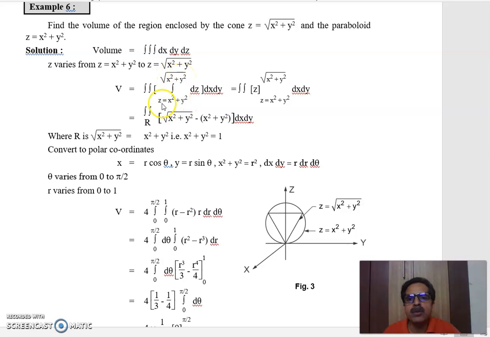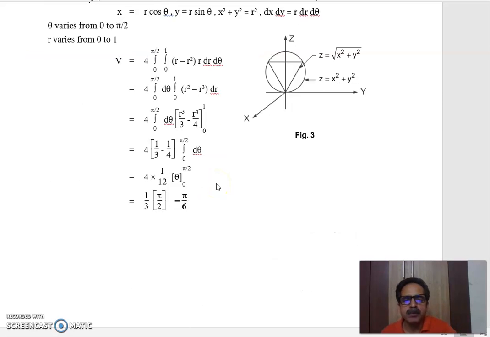For the paraboloid we have z is x square plus y square. For the cone we have z is under root of x square plus y square. So integration of dz became z, and here R is the projection of the solid on the xy plane, and solving these two equations, cone and paraboloid, we can get the projection, and it is x square plus y square equal to 1. Transform this double integral into polar coordinates, and hence the answer can be obtained.